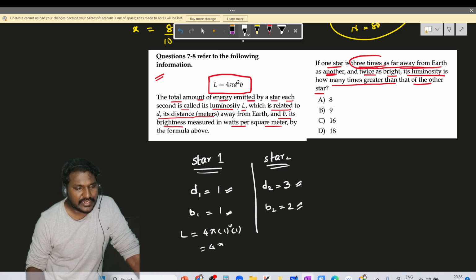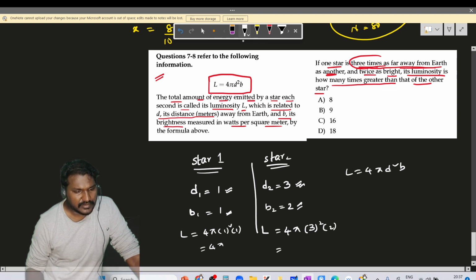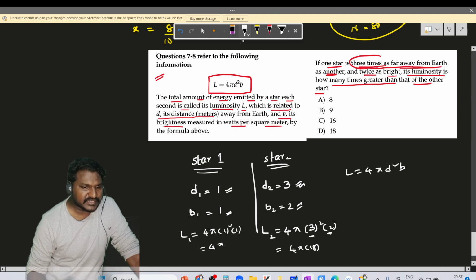Now we need to calculate luminosity. It will become 4 pi into 3 square into 2, because we have the formula L is equal to 4 pi d square b. So d is 3 here, b is 2, so that will become 9 times 2, which is 18. So 4 pi into 18. L1 is 4 pi, L2 is 4 pi times 18.